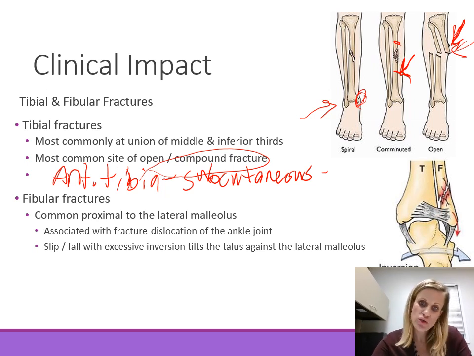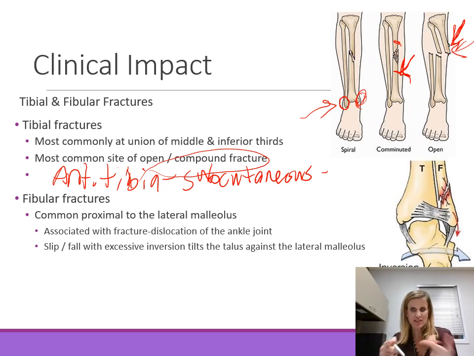The most distal part of the fibula forms the lateral malleolus, the bulge that sticks out on the lateral side of the ankle. So just proximal to the lateral malleolus, or just before the lateral malleolus, is a common site for fracture in the fibula.